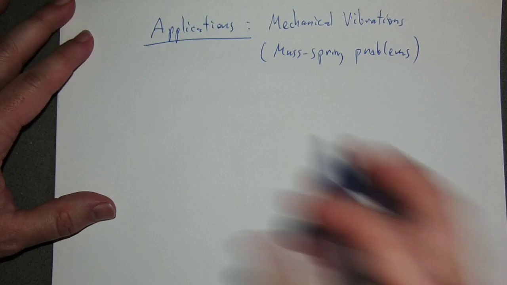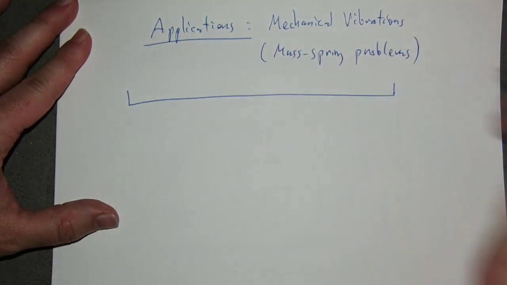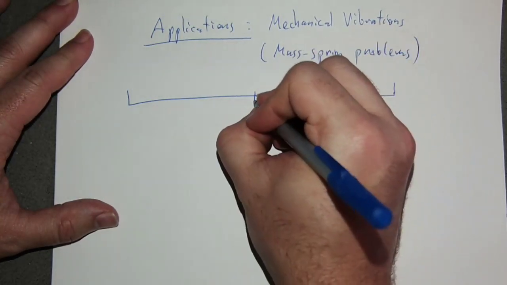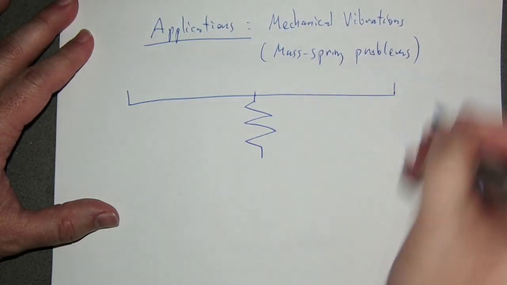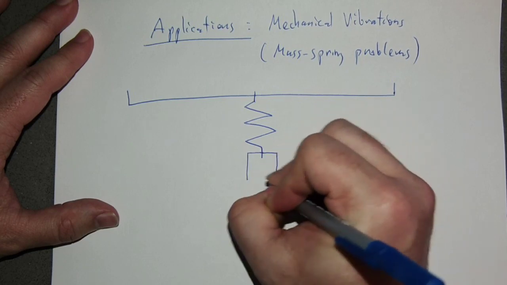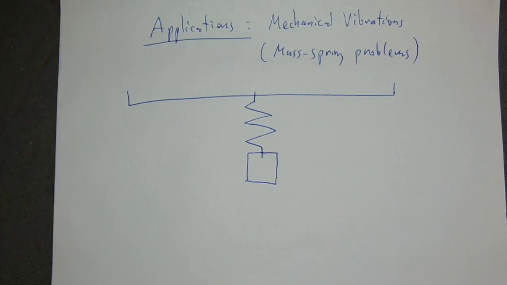Okay, so the idea is I have something attached to this spring, right? So maybe my spring looks something like this. Here's my spring. Attached to that spring, causing that spring to be displaced some amount, is some mass.